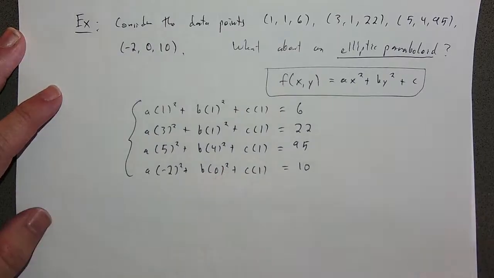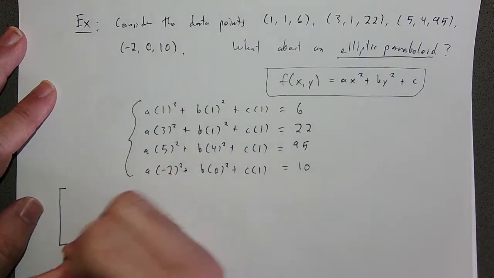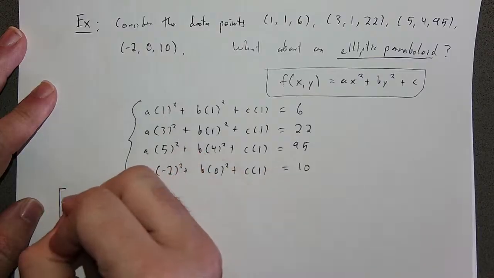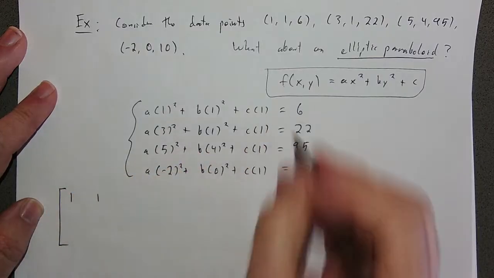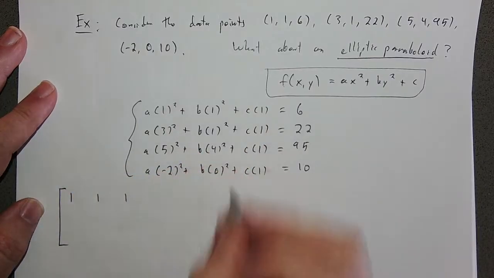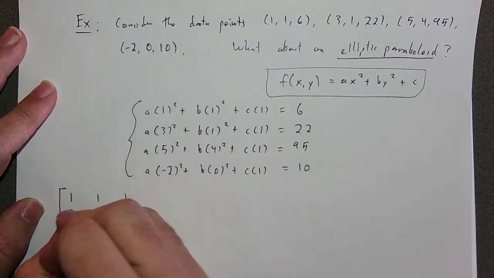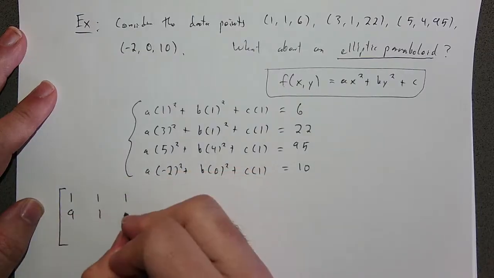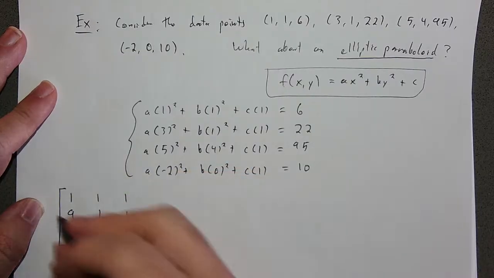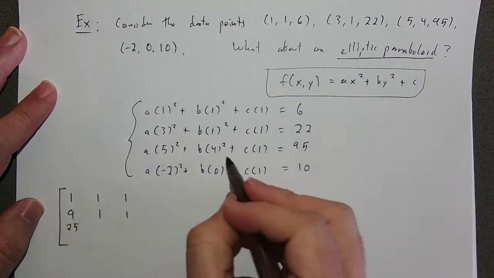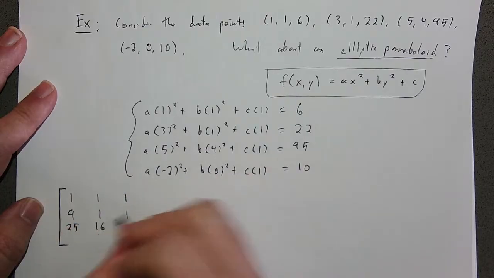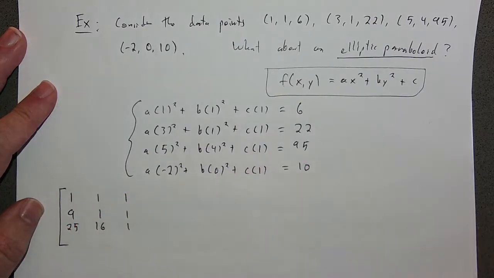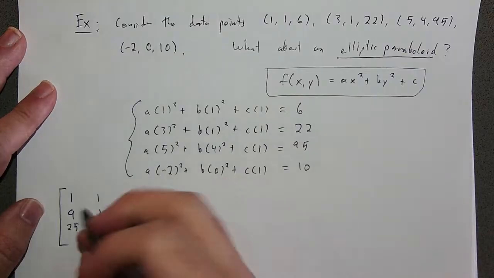Now, rewriting this as a matrix equation, of course, what do I have here? This would be 1, 1, 1. Next would be 9, 1, 1. Next would be 25, 16, 1. And next would be 4, 0, 1.